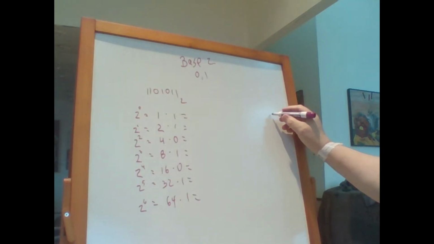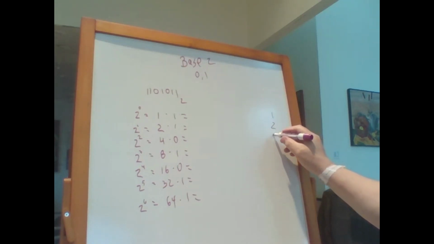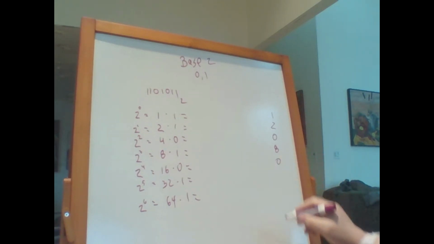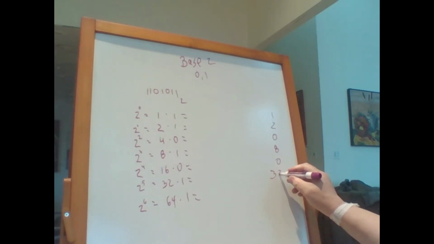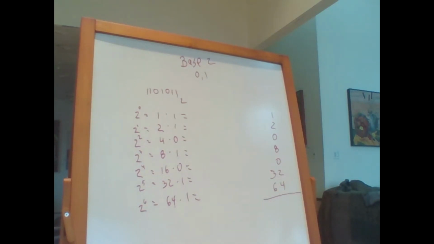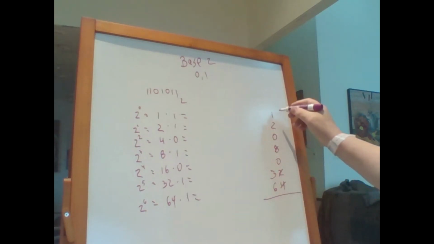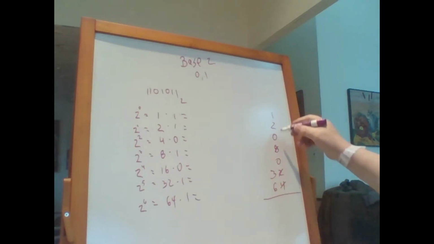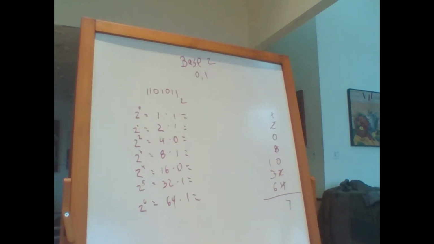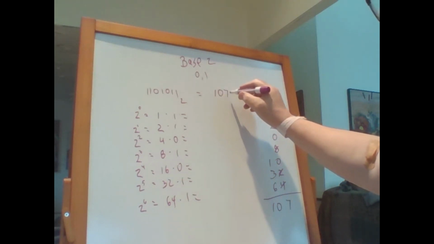This is 1, 2, 0, 8, 0, 32, and 64. And we add that together, and that's equal to 107 base 10.